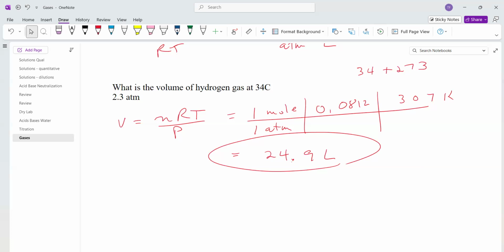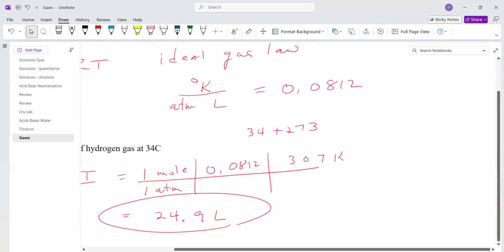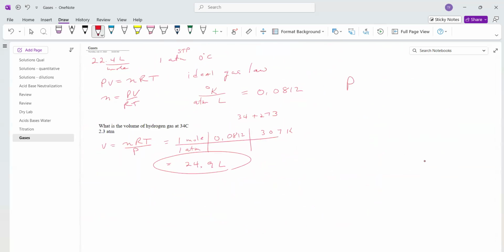One thing about these relationships, if P goes up and n, R, T are constant, what must volume do?